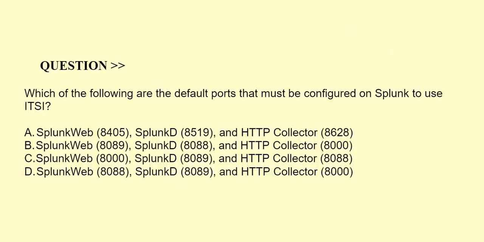Our next question is, which of the following are the default ports that must be configured on Splunk to use ITSI? Option A, Splunk Web 8405, splunkd 8519 and HTTP connector 8628. Option B, Splunk Web 8089, splunkd 8088 and HTTP connector 8000.